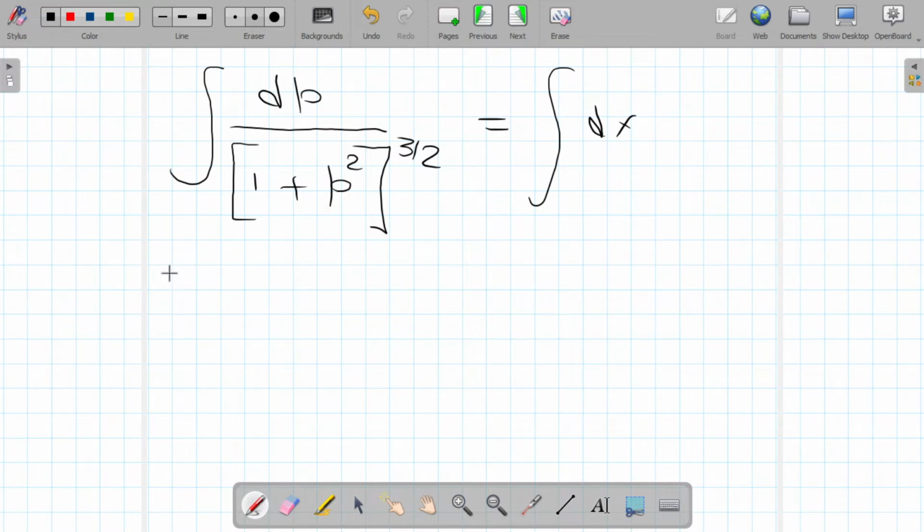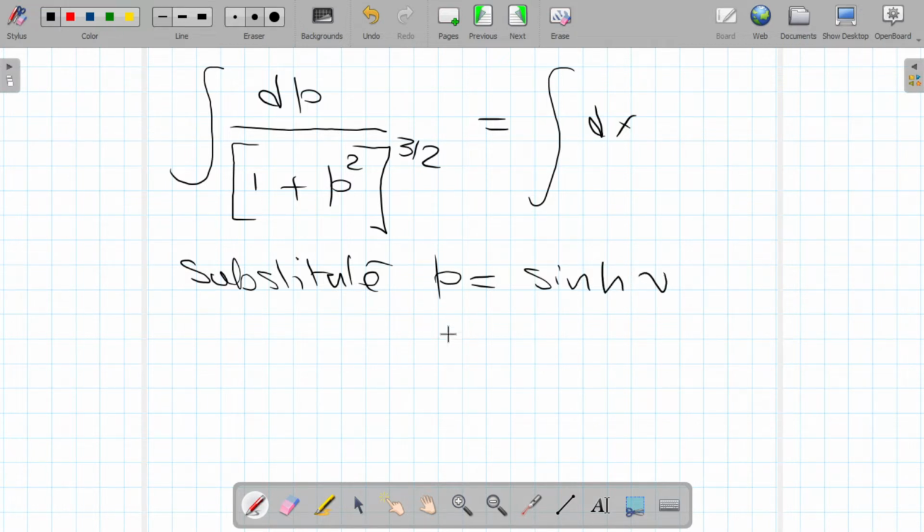So we substitute, let me write that down for you. To solve, we substitute p equals the hyperbolic sine of v, and this means that dp is equal to the hyperbolic cosine of v dv.